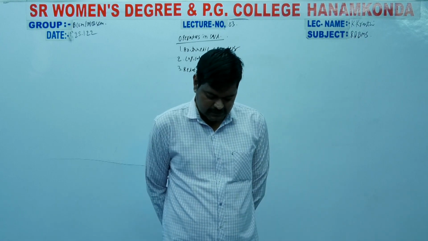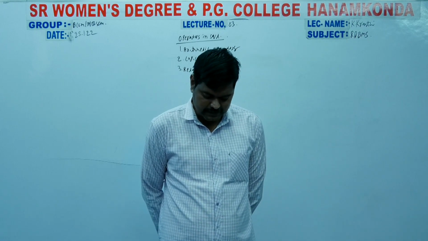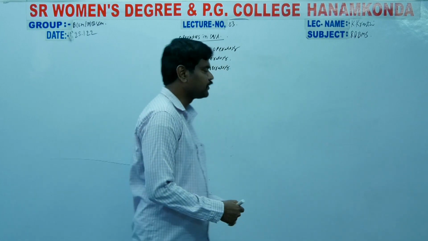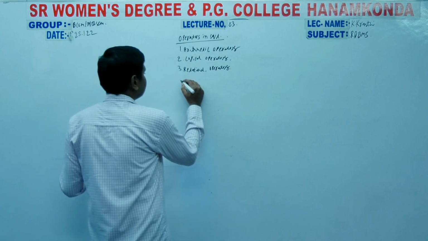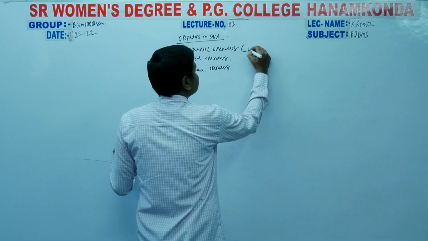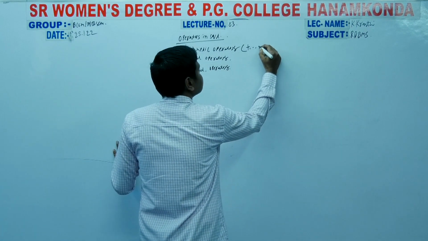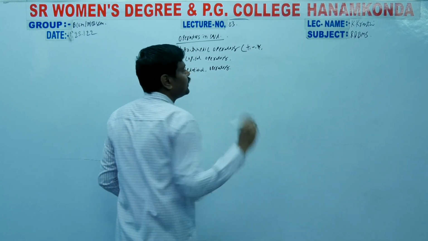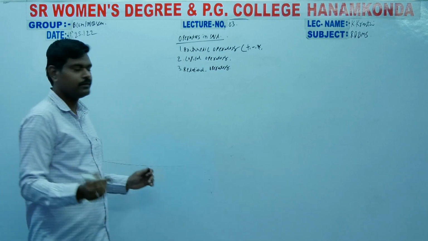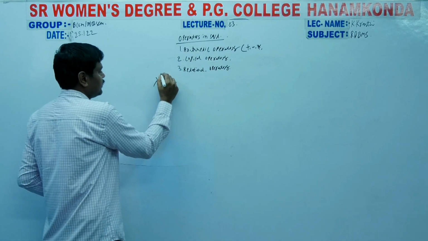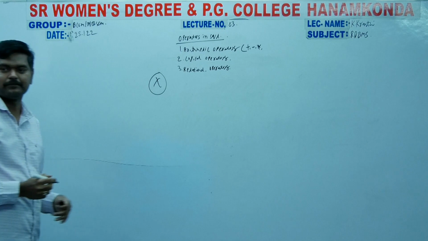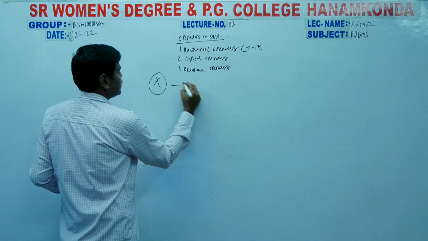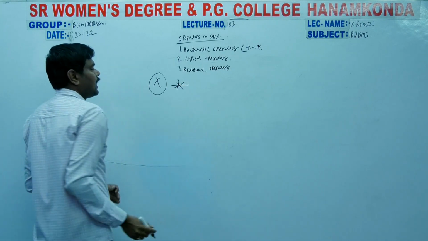The syntax is: select expression with arithmetic operator from table name. The arithmetic operators are addition, subtraction, multiplication and division. In multiplication we would normally write the X symbol, but in computer subjects you have to mention it in asterisk format.